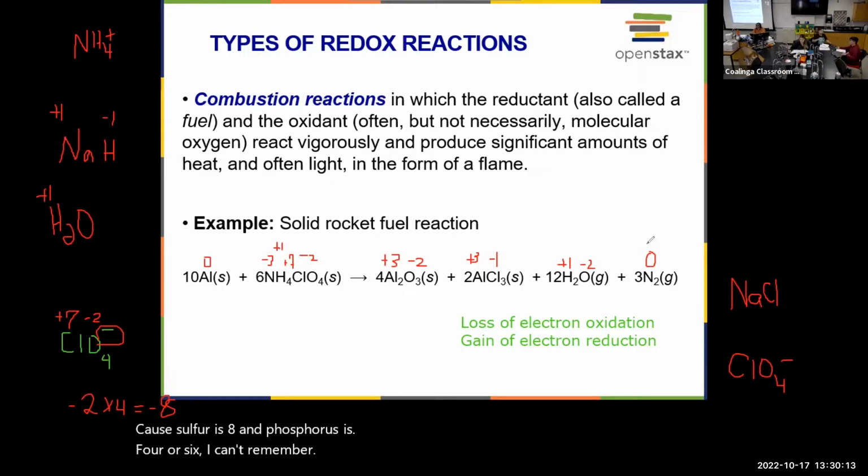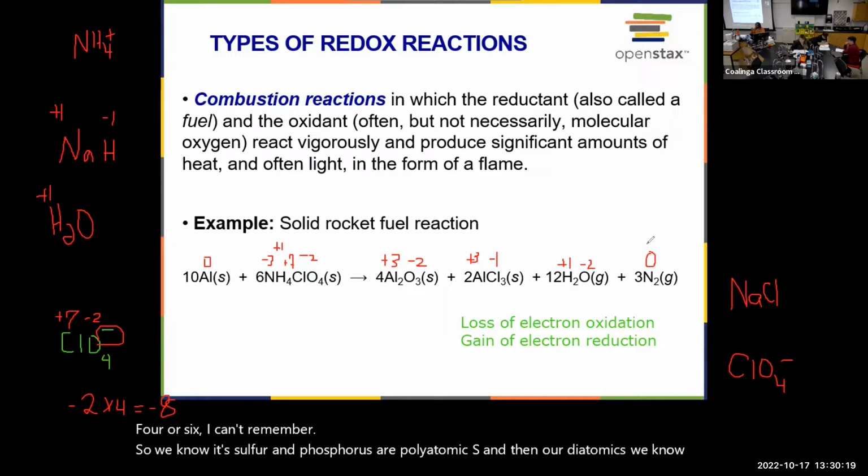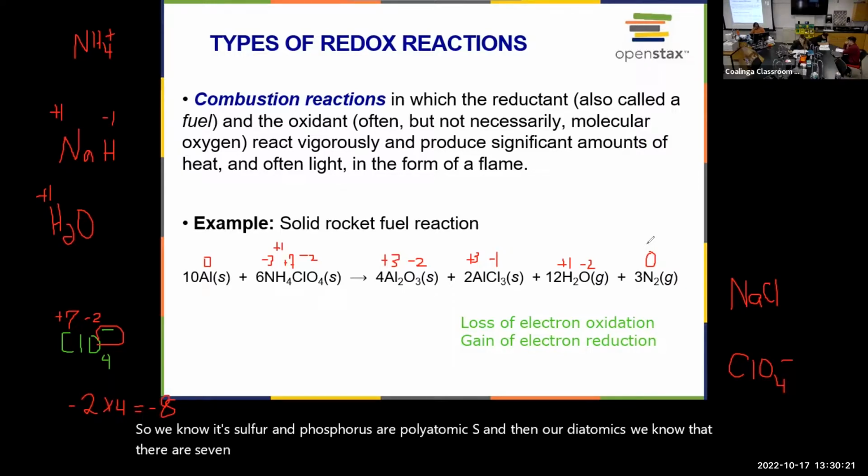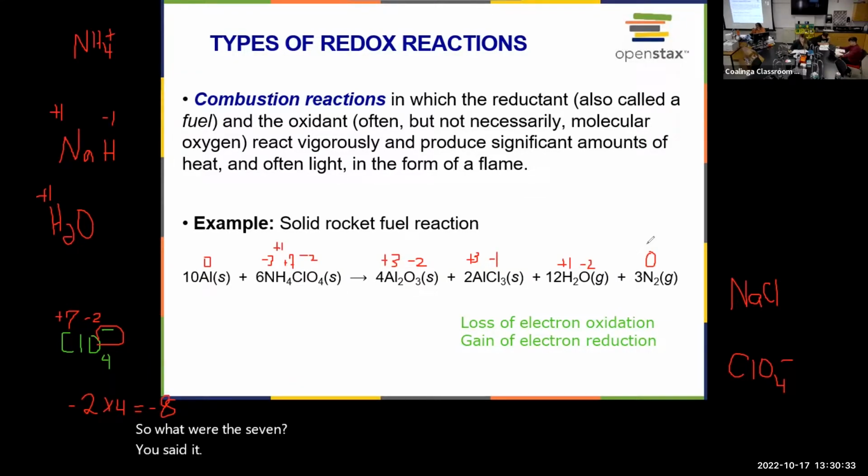Okay, so we know that sulfur and phosphorus are polyatomics, and then our diatomics, we know that there are 7, and there's also an ion that's a diatomic, right? So what were the 7? Oxygen. That's correct.